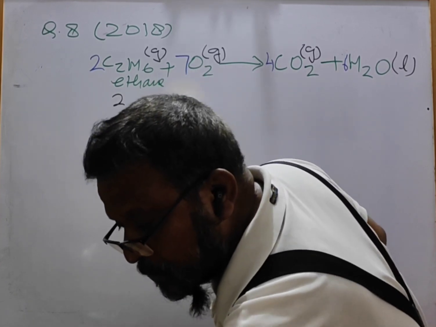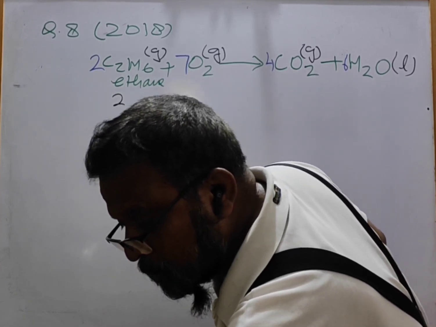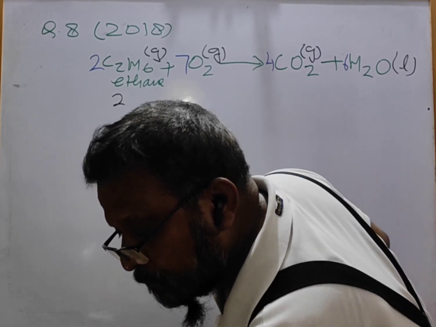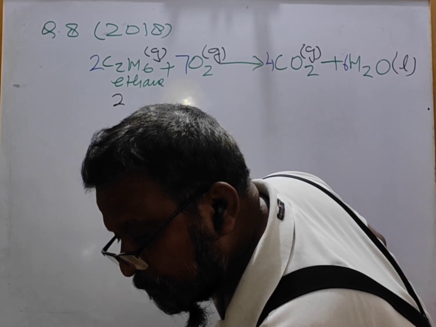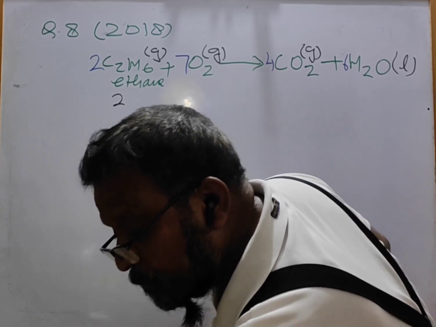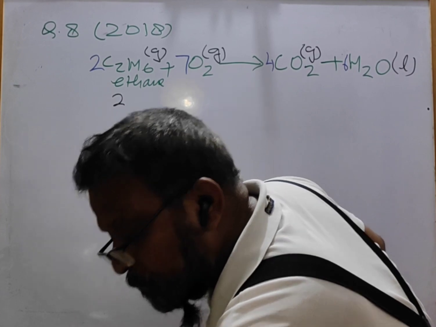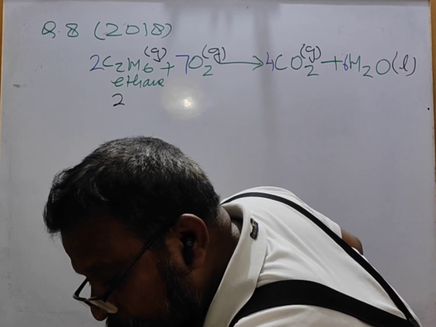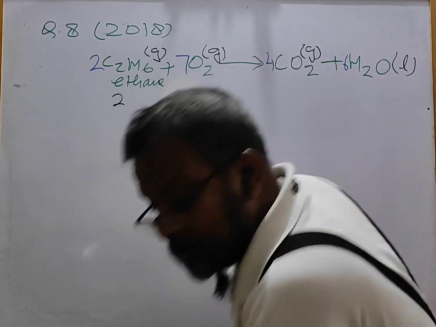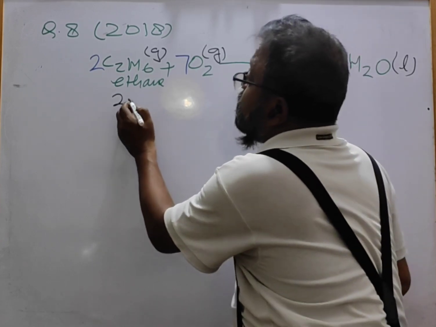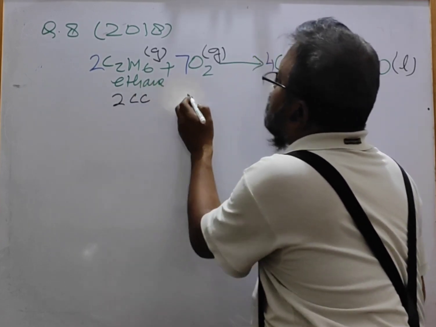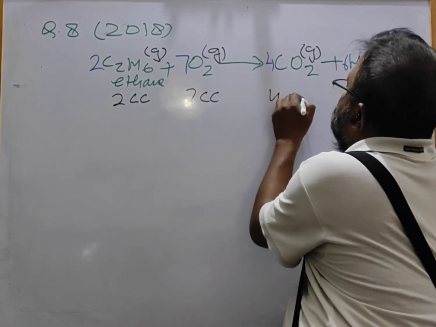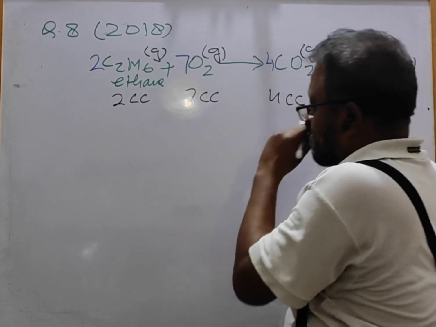Parameters are 1, 1, 7, 2. This is in cc. So 2 cc of ethane combines with 7 cc of oxygen to give 4 cc of carbon dioxide, right?